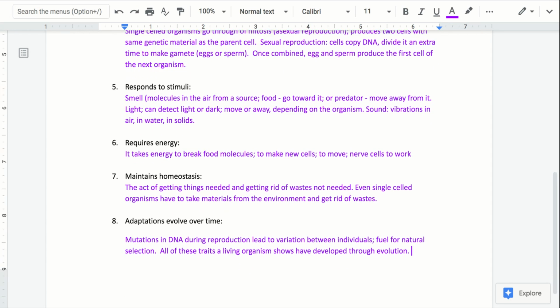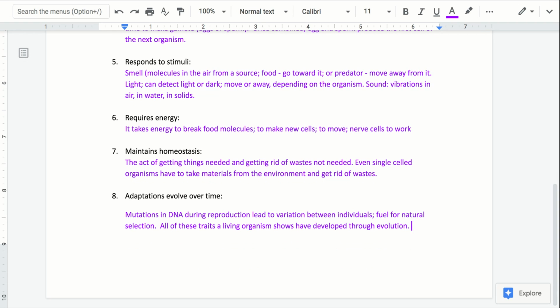They respond to stimuli, to chemicals in the air, to light, to sound, a number of different things that they can respond to. It requires energy. Even plants use energy. There's energy being used in the cells, moving things around inside the cells. There are actually little protein motors in the cell that are able to move things around. Those require energy.